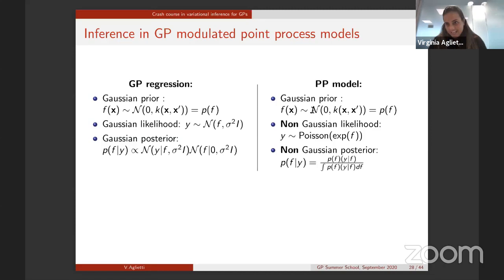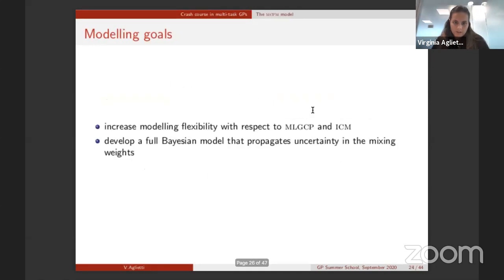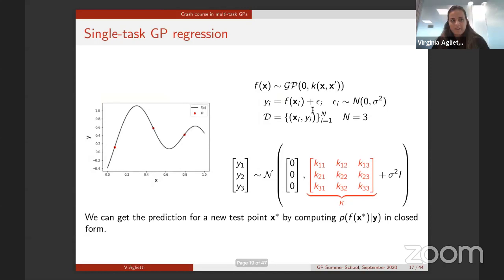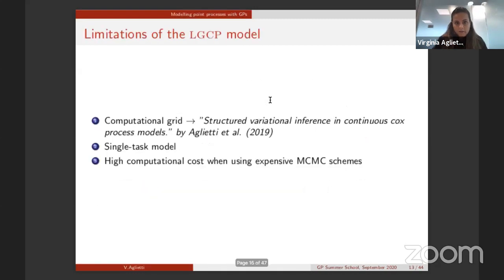Yeah, exactly. Let me go back. When you look at the GP regression, you're assuming this type of likelihood. You're saying the data points that I observe are noisy observations of this latent function. Now, in this case, we have a doubly stochastic process. That's also why it's called doubly stochastic. Let's go back to the LGCP.